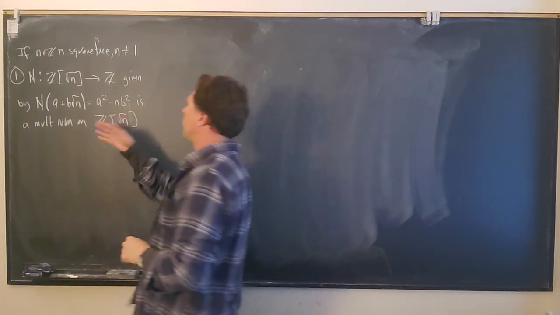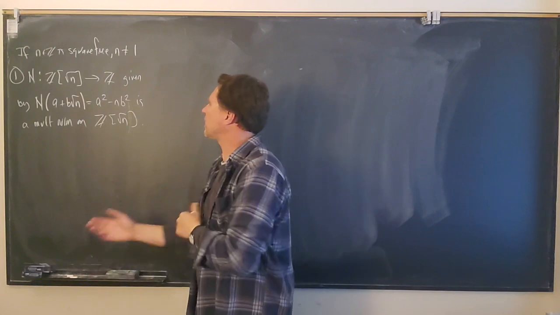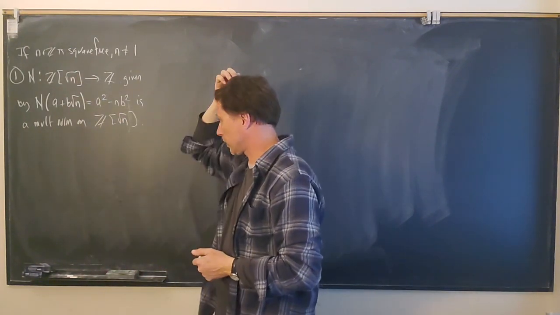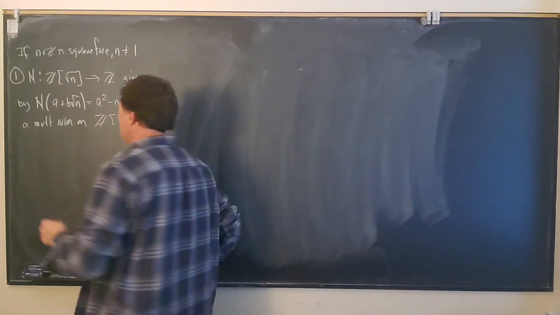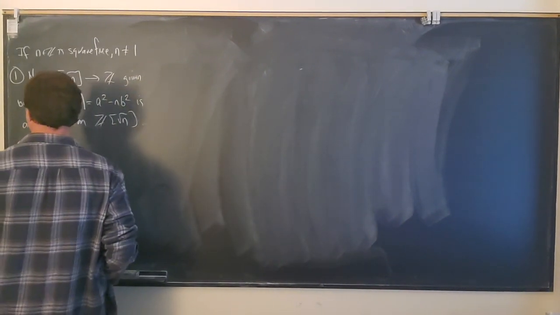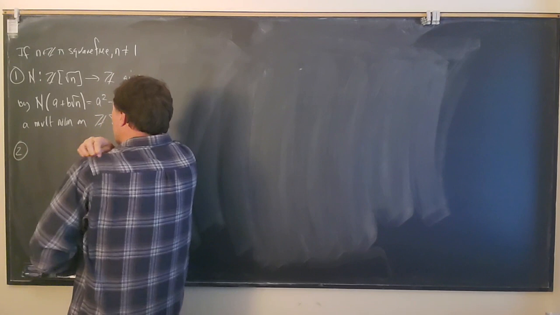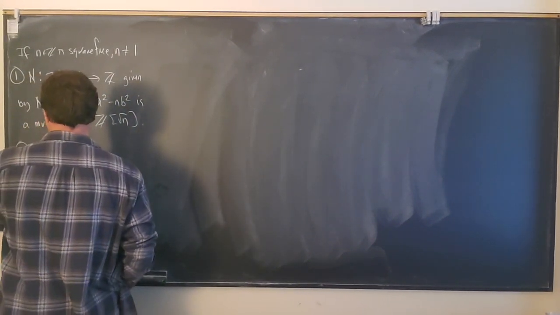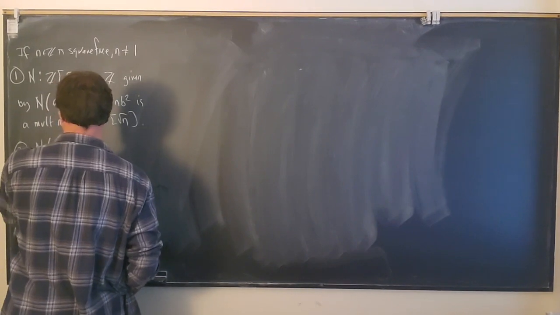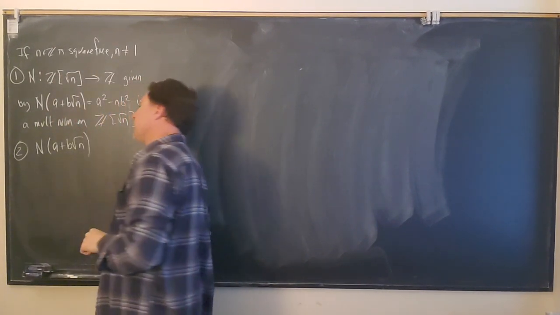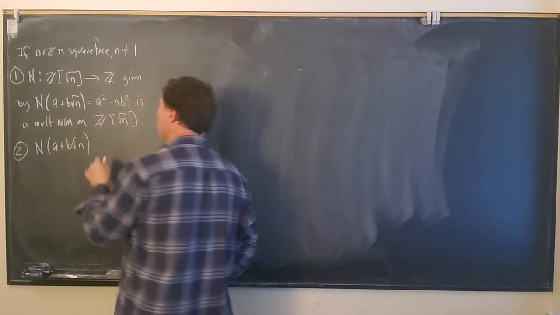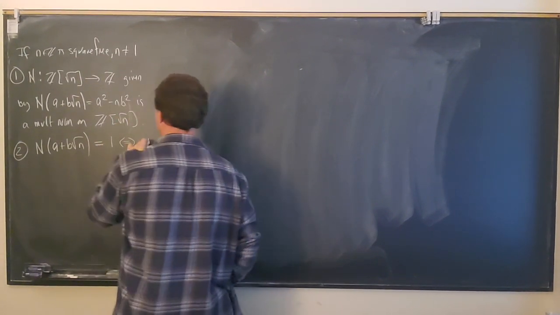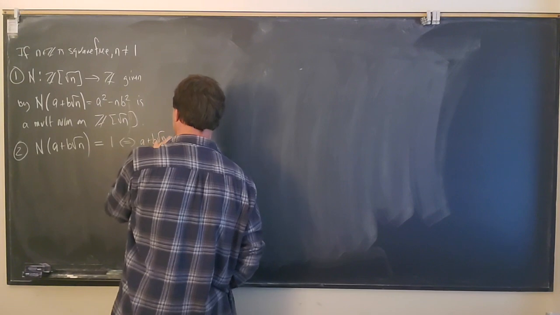We went and proved this last time, and there was a key point where we really needed square freeness to verify that it's a multiplicative norm. Now, we also verified that the absolute value of the norm of an element a plus b root n equals 1 if and only if a plus b root n is a unit.